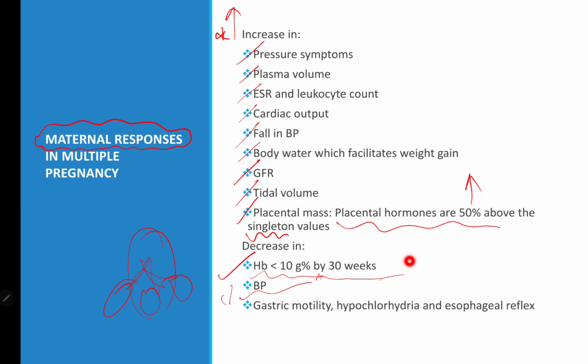And there is decrease in blood pressure and gastric motility, hypochlorhydria and esophageal reflux. So everything will be increased except these three things. Hemoglobin definitely will be decreased, less than 10 gram percentage by 30 weeks. There will be decrease in the blood pressure, decrease in the gastric motility, hypochlorhydria and esophageal reflux. So these are the maternal responses seen in multiple pregnancy.